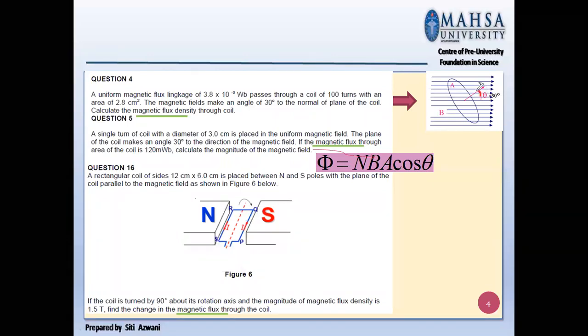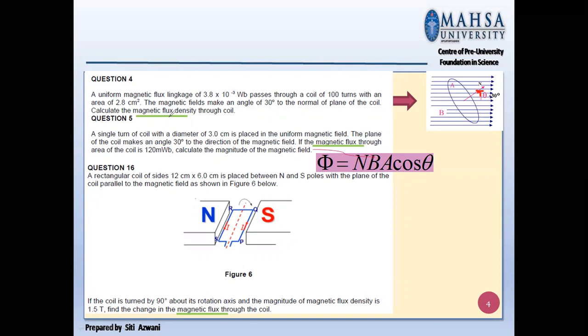So this is the normal, so the angle is equal to 30, so directly you can substitute the 30 degrees into your formula.